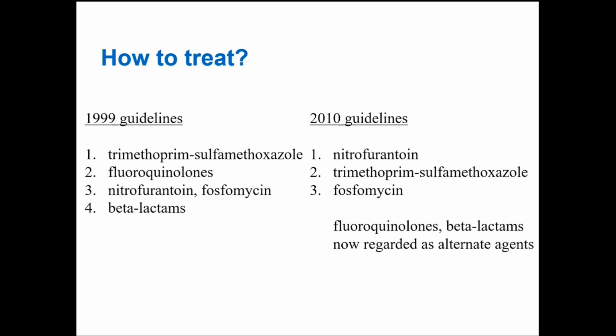Jump ahead to 2010, the guidelines moved to place nitrofurantoin as the number one agent, trimethoprim-sulfamethoxazole as the second agent, and a third agent called fosfomycin. So nitrofurantoin and fosfomycin are agents you'll almost exclusively encounter in the context of UTI.